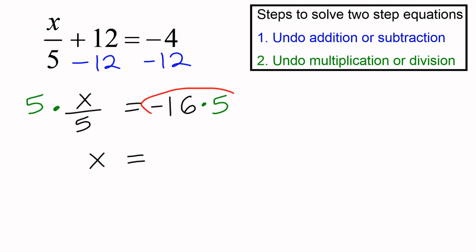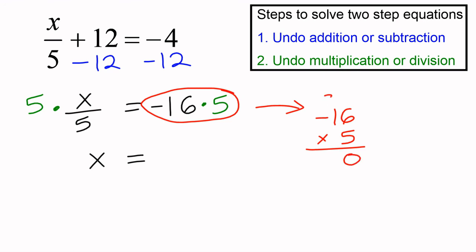If we want to make sure we can figure this out, we can write it as 16 times 5, and we'll get 5 times 6 will give me 30, carry the 3, 5 times 1 I'll get 5, plus 3 I'll get 8, so we have 80, and we have a negative, so we'll get negative 80, and that's what our answer here will be. x is equal to negative 80. And that will be our answer to this problem there.